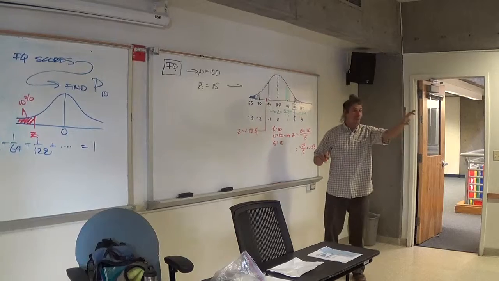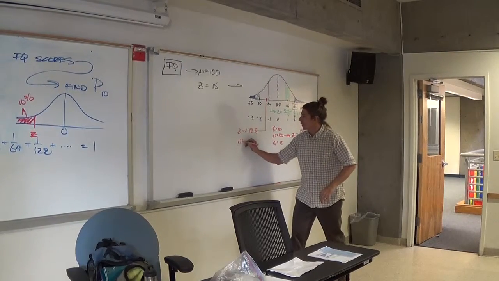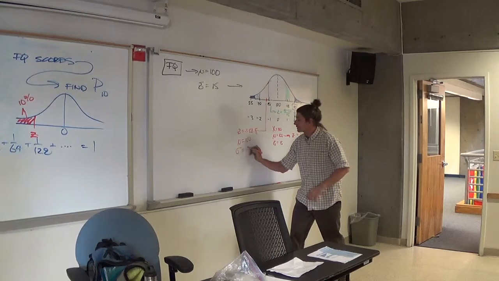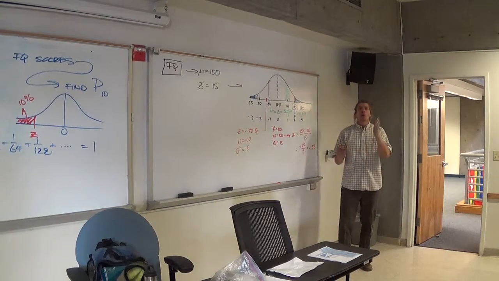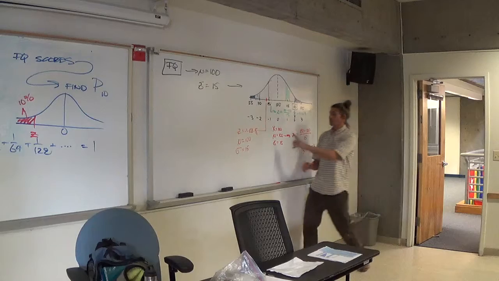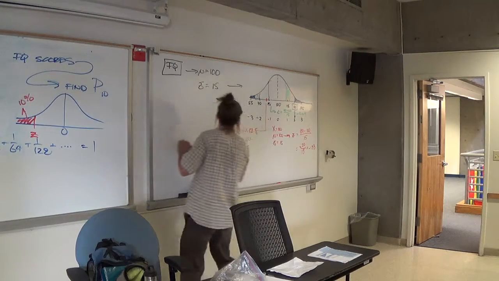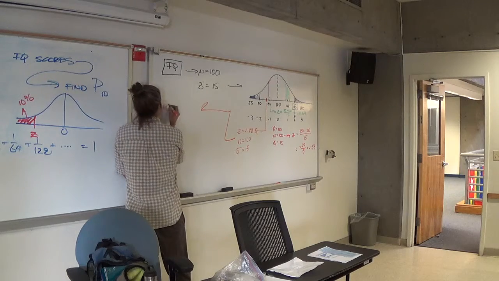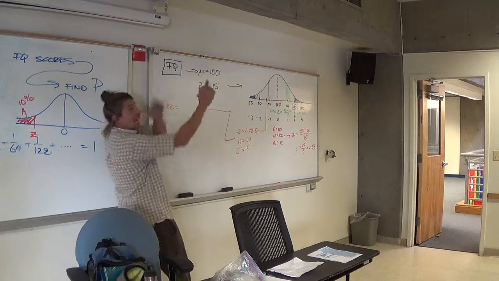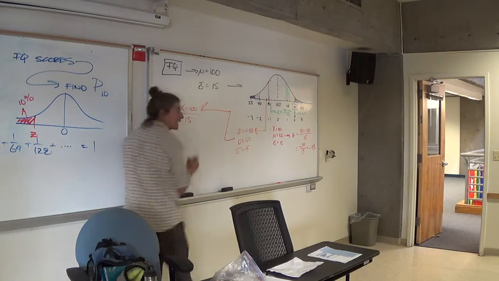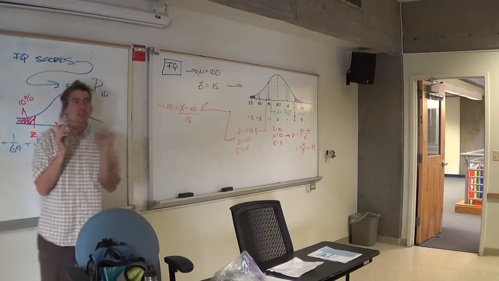Remember, mu is still 100, and sigma is still 15. So it's negative 1.28 minus 100 over. Careful, where does the 1.28 go? It goes here where the z is. Oh, okay. So negative 1.28 equals x minus 100 over 15. You've got to put it in the correct place.